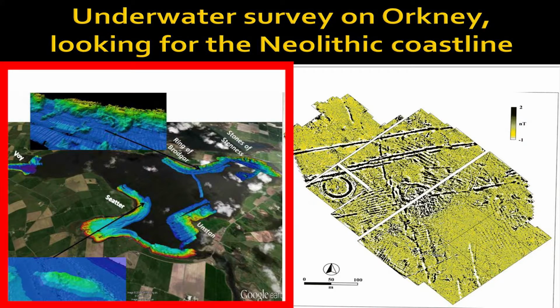And then over on the left, the very recent results of underwater geophysical survey. We're exploring the idea that on the right we're interested in early prehistory on land, and the underwater survey makes the point that the sea level in the Neolithic period and perhaps earlier was very different, and therefore the archaeology is offshore, and the geophysical survey should be looking at what is now under the lochs.